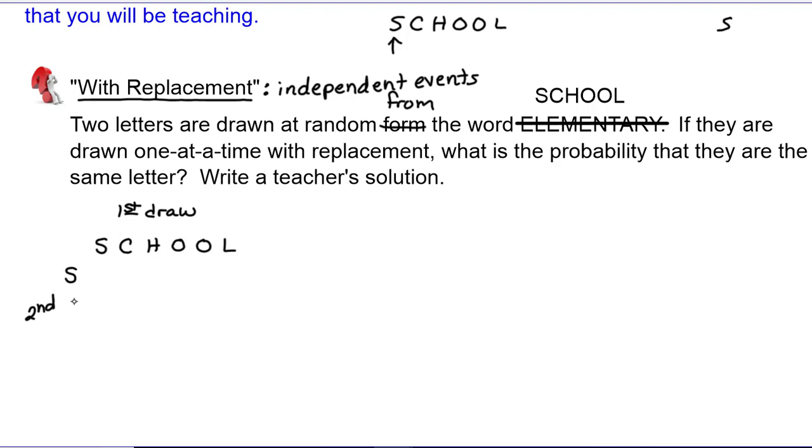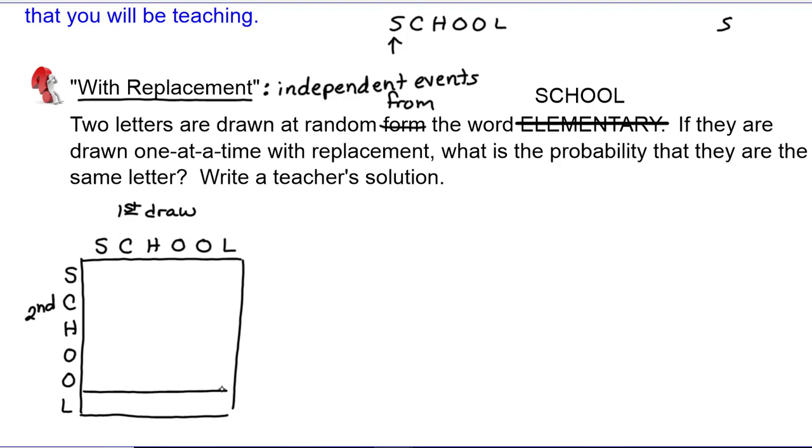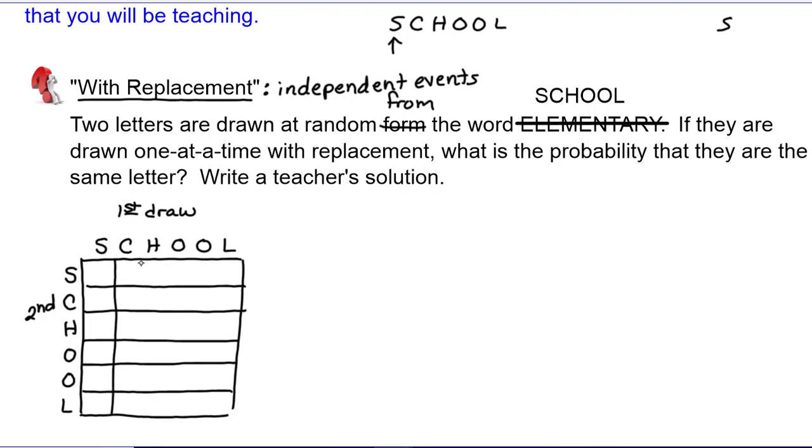And I could draw an S, a C, an H, an O, or an L. So I'm drawing my area model, just like what I did with the spinners. Boy, I don't know if I'm going to give myself enough room, but we'll squeeze it in there.